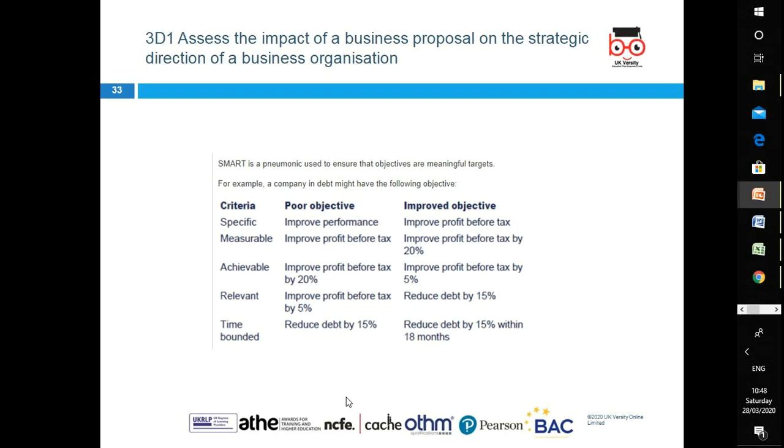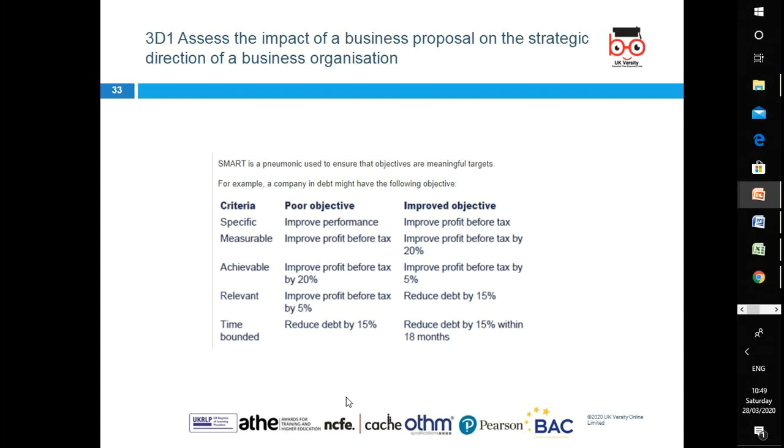Improve profit before tax. We want it measurable: we can measure improving profit before tax by 20%. Then achievable: improve profit before tax by 5%. Is it achievable? Yes.